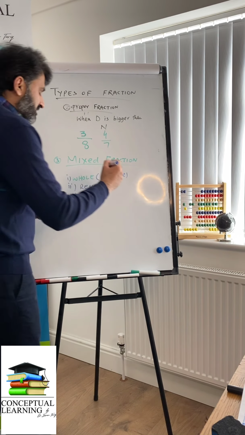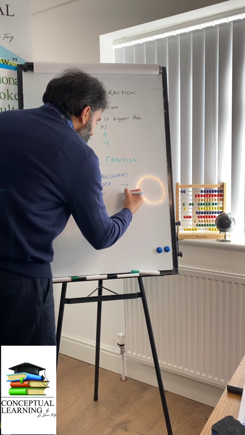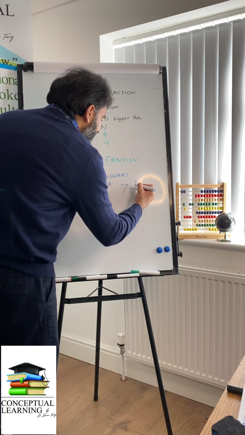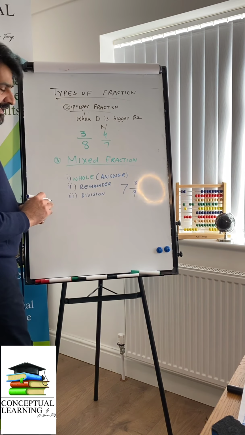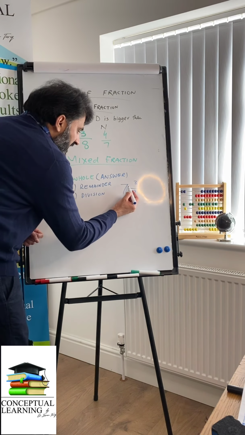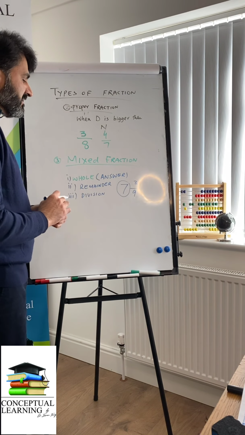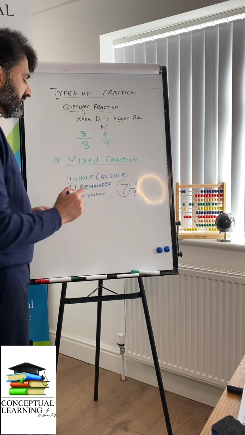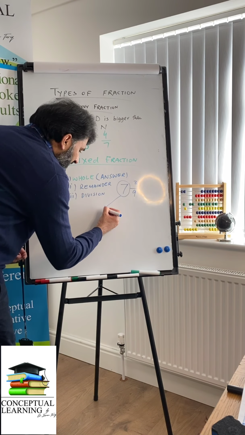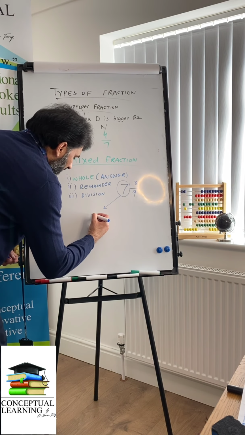For example, I'll write down here 7 in 3 in 9. In this case, the first number where the fraction starts, 7, is called the answer or whole.